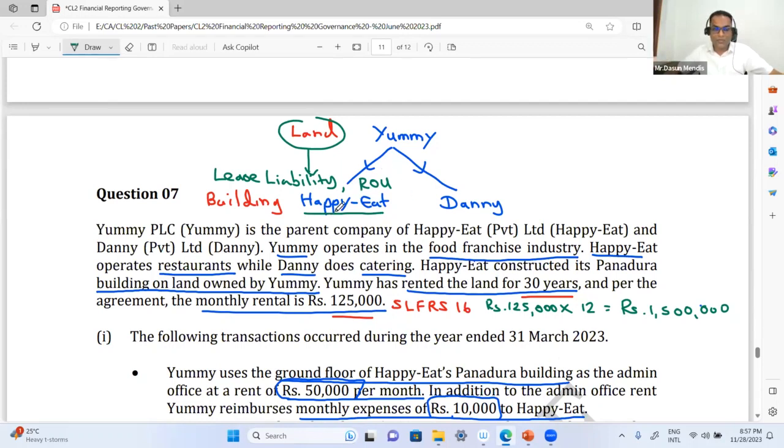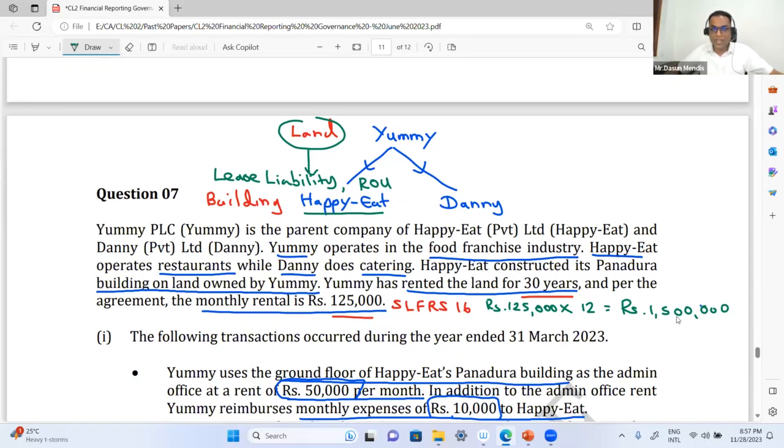Now, why have you disclosed the finance expenditure? Because finance expenditure is included within the lease rentals paid by Happy Eat to Yummy. I told you the total amount of the lease rentals paid during the year is 1.5 million.